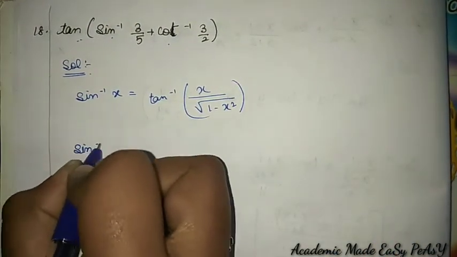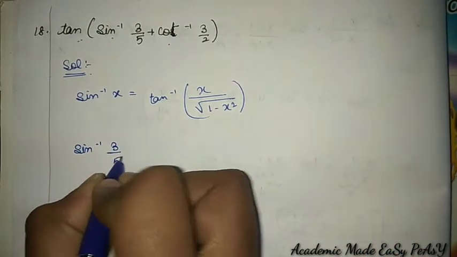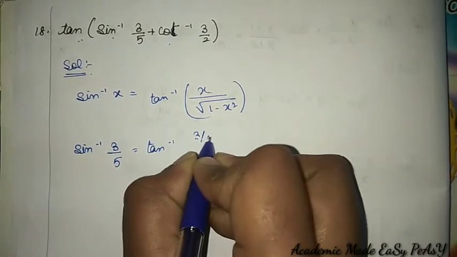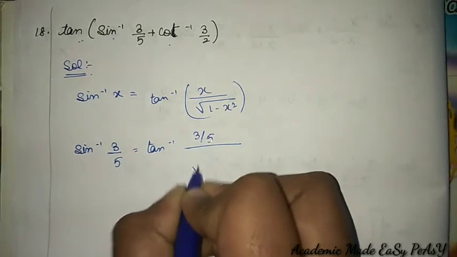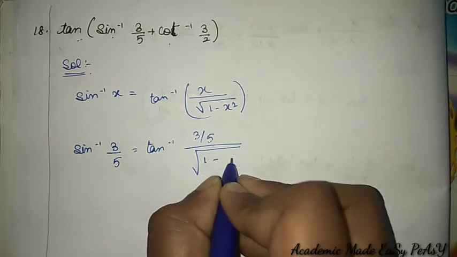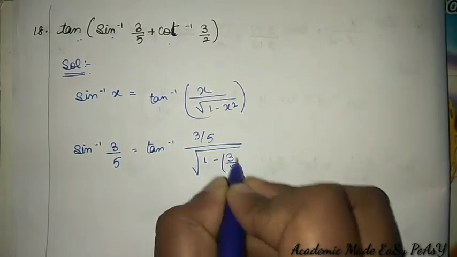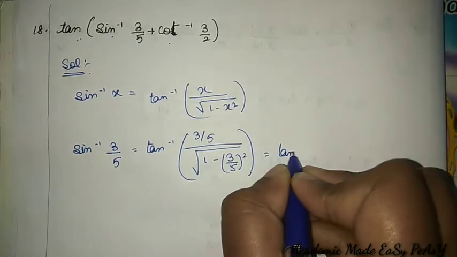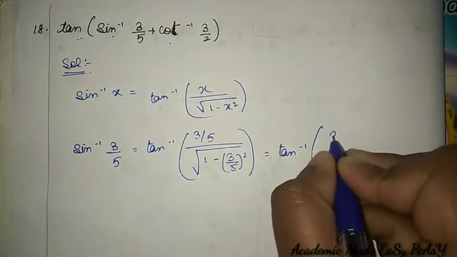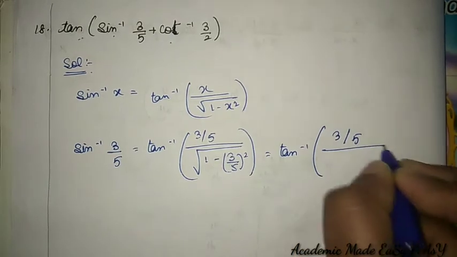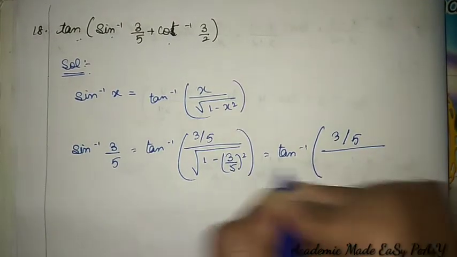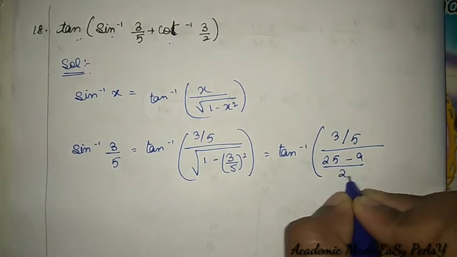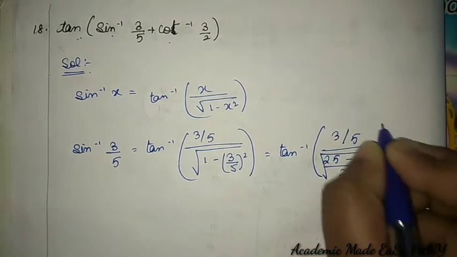So sine inverse 3 by 5 is equal to tan inverse of 3 by 5 divided by root of 1 minus 3 by 5 the whole square. Here this will be 25, so 25 minus 9 by 25. I am just taking the LCM.